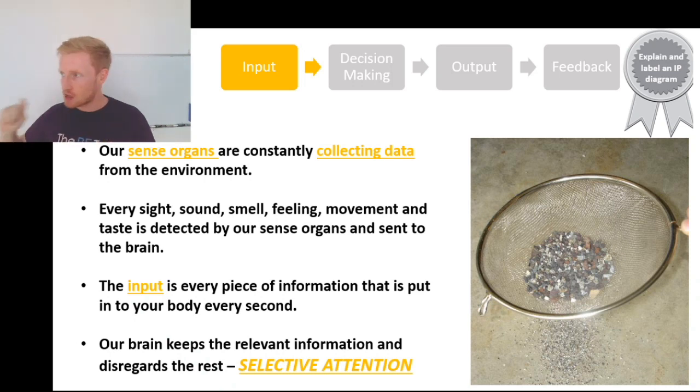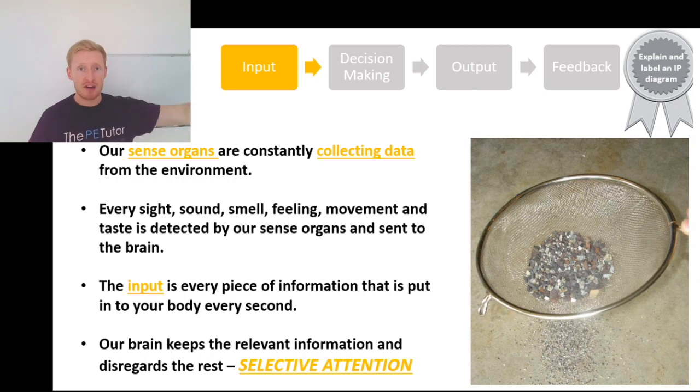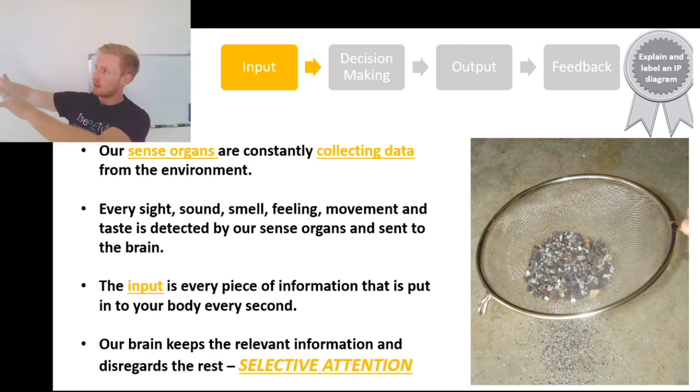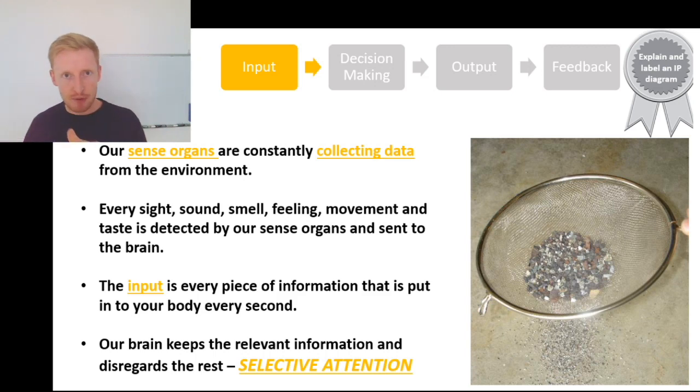So if you're playing sport, you don't care about what the people are wearing in the front row of the crowd. What you do care about is the flight of the object or the call from your teammate. Because of the environmental demand, you sieve out the things that you want to pay attention to. That's our input phase.